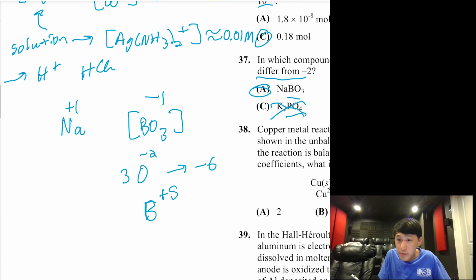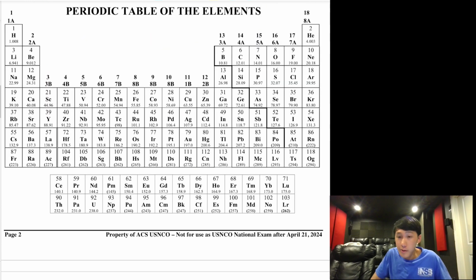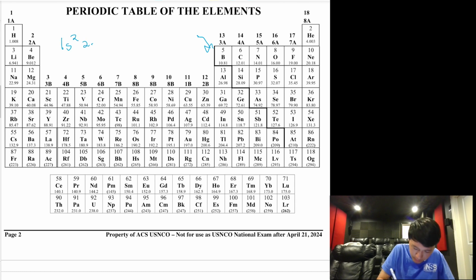Now let's consider if that's really feasible. We can turn to the periodic table to help us out. Now boron is right here with its electron configuration of 1s2, 2s2, 2p1. In order for boron to be in a +5 oxidation state, it's going to need to lose its 2p electron, its 2s electrons, and its 1s electrons.